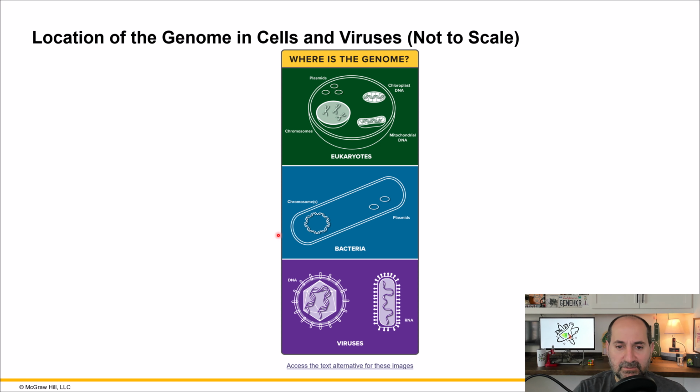In bacterium, there's usually one circularized chromosome, and that's its chromosomal DNA. And then outside of that, you usually have plasmids, small circularized DNAs. And then in viruses, inside of the capsid protein coat, you have either a DNA genome or an RNA genome.